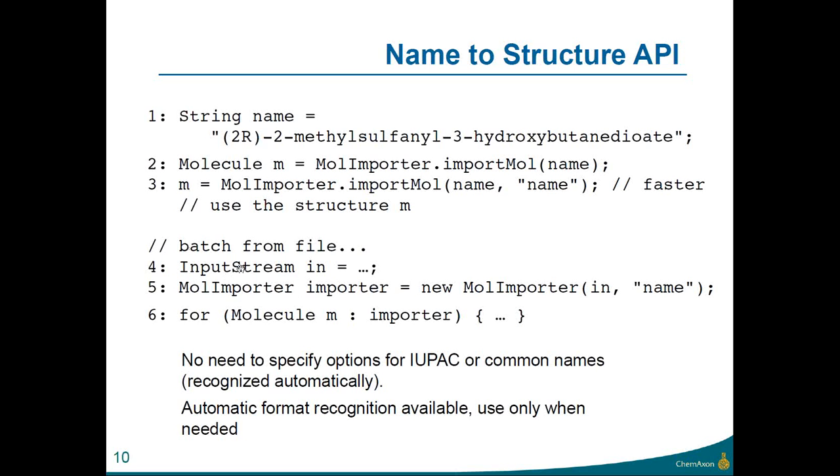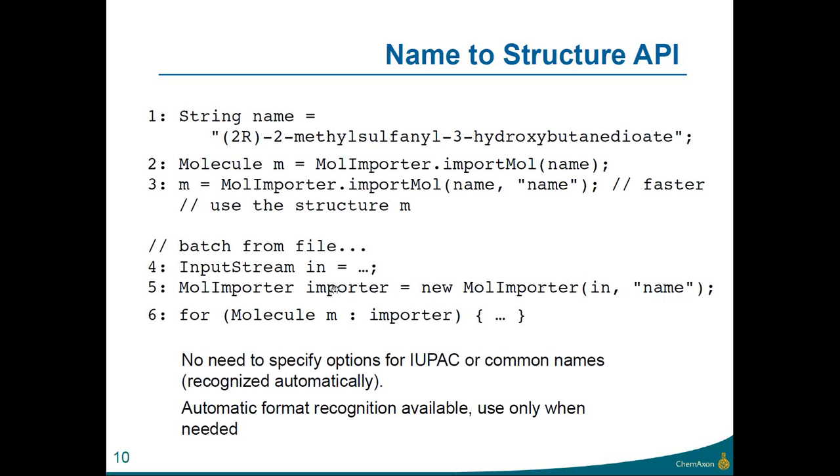One way, which is also useful, is if you have a file full of names, then you can, for instance, create an input stream. Then you can use MolImporter, not in a static way like here, but with the constructor, to which you pass an input stream, and you can specify the format, again, if you know it.